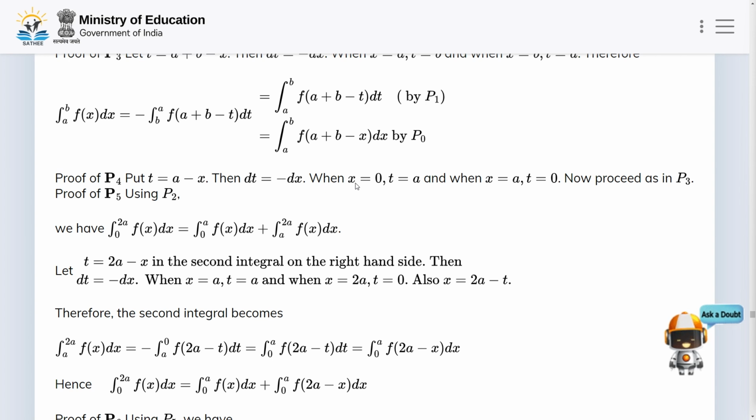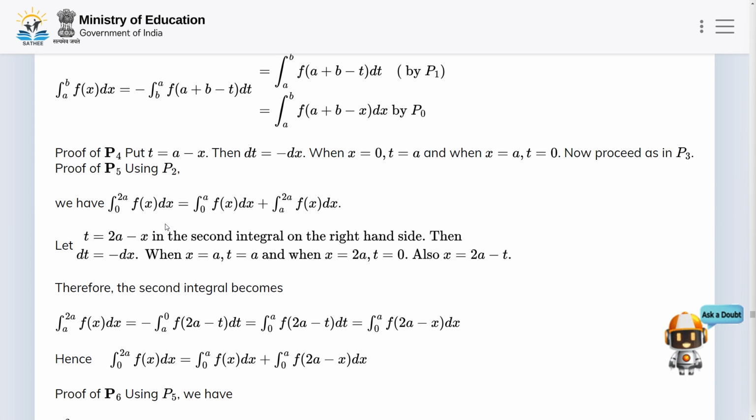Now if x is equal to 0, t is equal to a, and if x is equal to a, then t will be 0. So now we will be doing the same process as in P3. Clear. Now, for P5, using P2, what can you get?